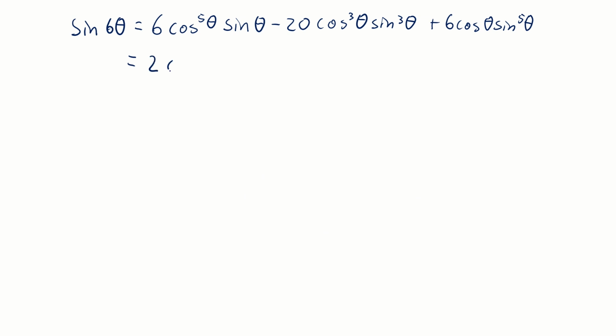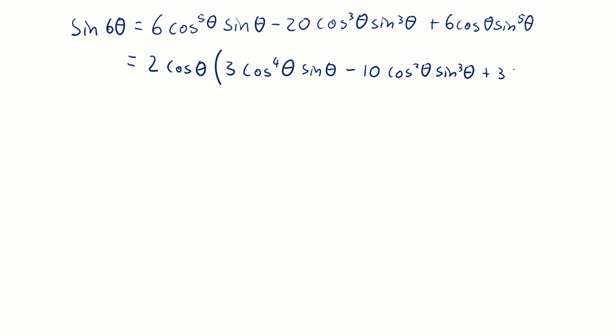So we're going to be left with 3, dividing the 6 by 2, and then dividing the cos to the 5 theta by cos theta will leave us with a cos to the power of 4 theta inside the brackets, and we'll end up with a minus 10 of cos squared theta, sin cubed theta, and then lastly plus 3 sin to the 5 theta.